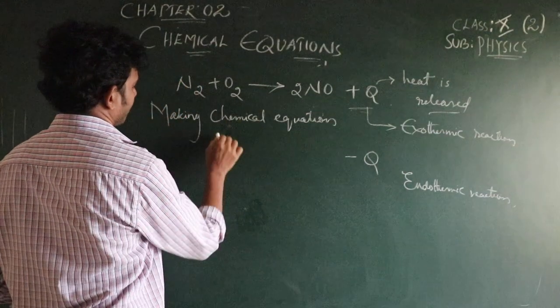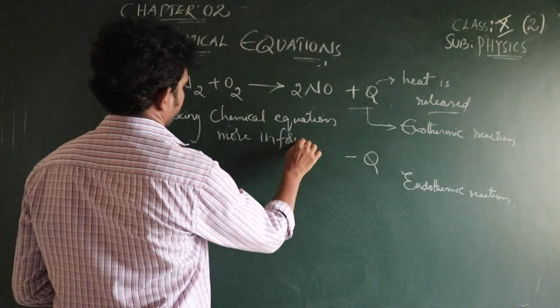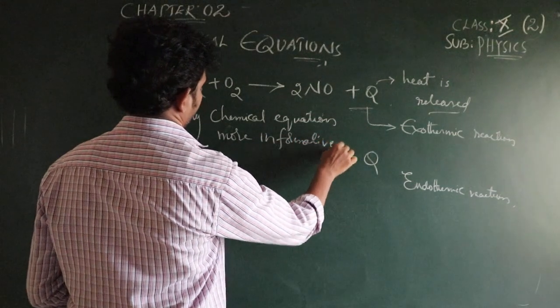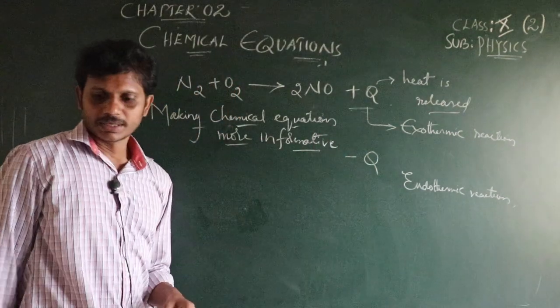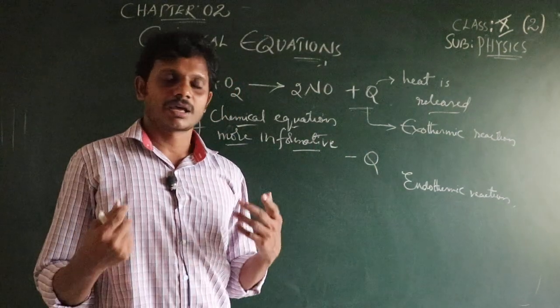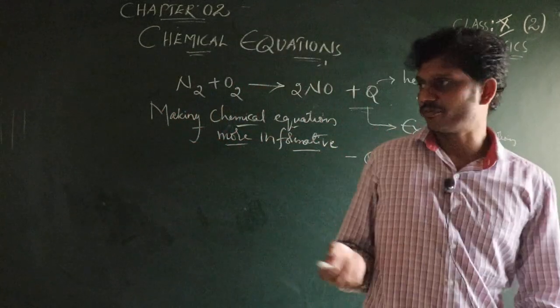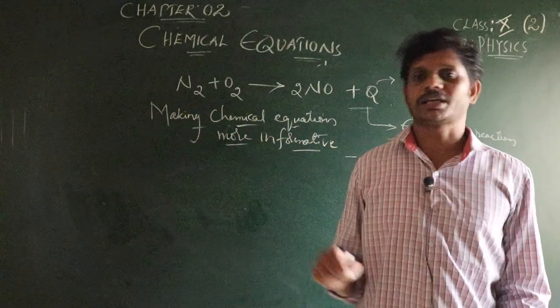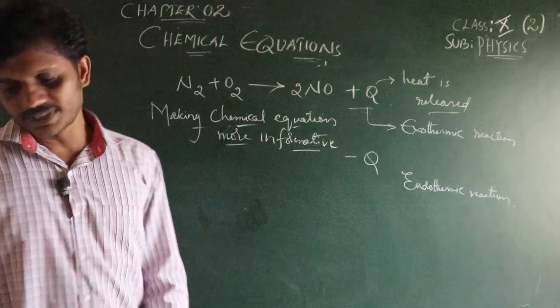How can we make our chemical equation more informative? We can get more information from our chemical equation. So what is that? It's physical state.